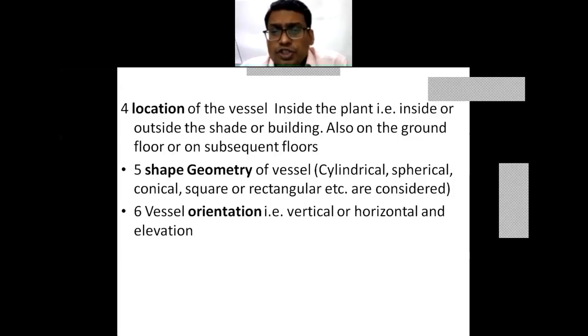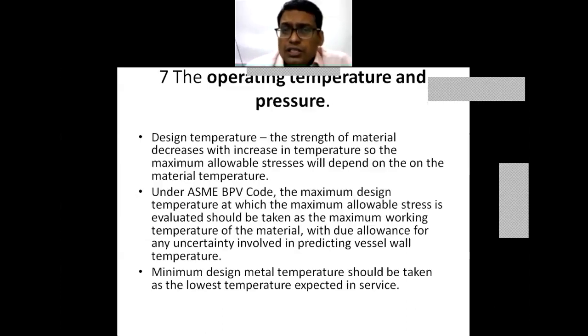Then the shape or geometry of a vessel, whether it is cylindrical, spherical, conical, square, rectangular, or of some other suitable shape. Next is vessel orientation, whether it is vertically or horizontally oriented. So all these design considerations are to be taken into account.